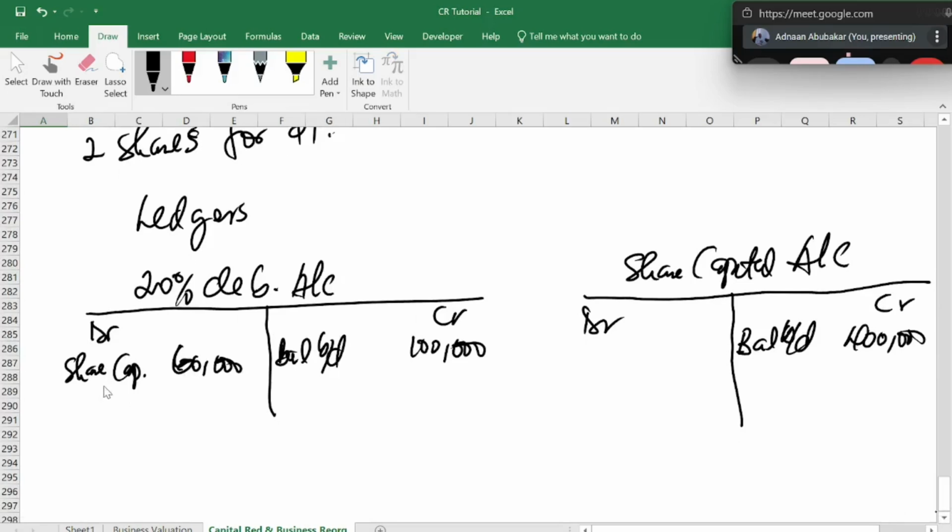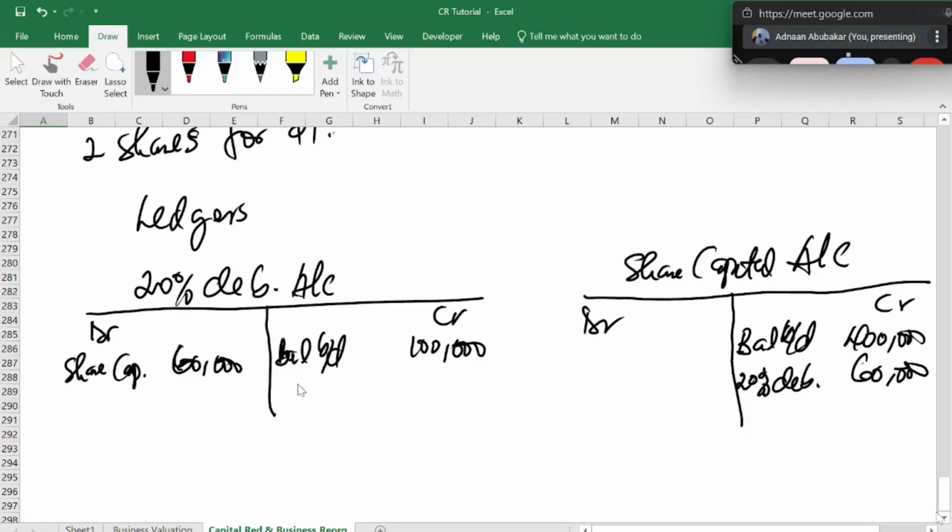Then you credit share capital, because this money is now coming into share capital to increase it. Which account is that? The 20% debenture, which is how much? 60,000. When you are done, you close the account.